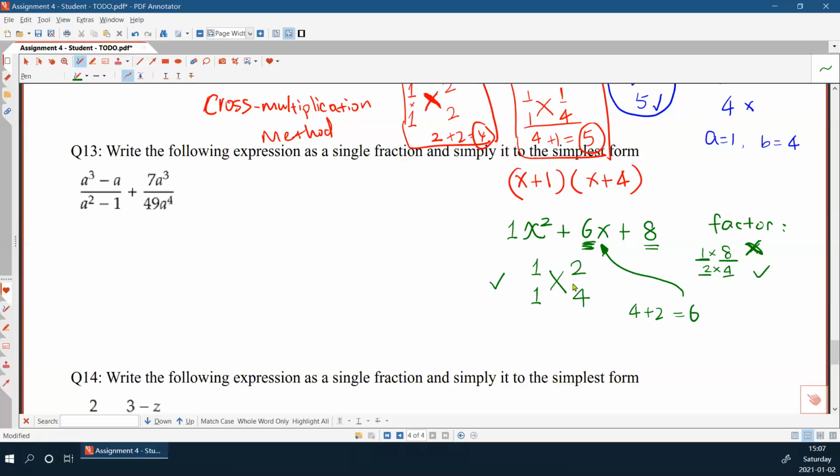And then we can rewrite the original expression as (x plus 2), which corresponds to the first row, and times (x plus 4), which corresponds to the second row.